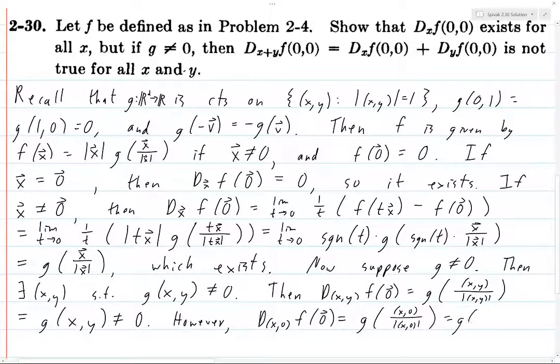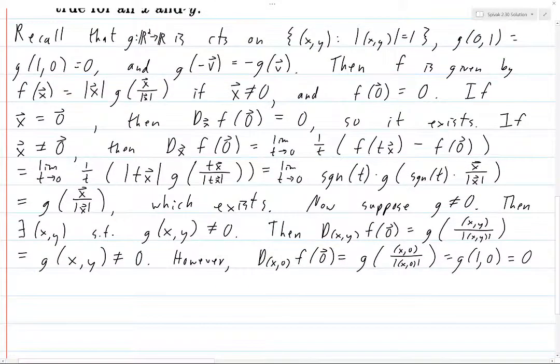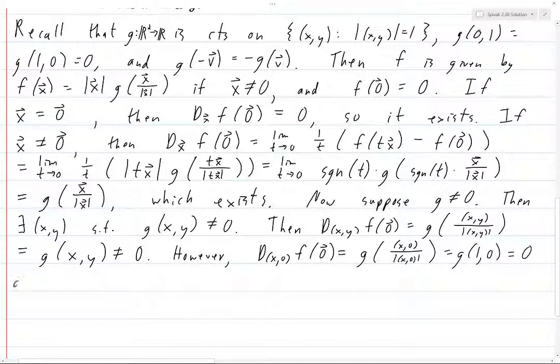So this is g of (1, 0), and we know by the definition of g that this is 0. And d_(0,y) of f at 0, same thing. It's going to equal g of (0, 1), which is equal to 0.